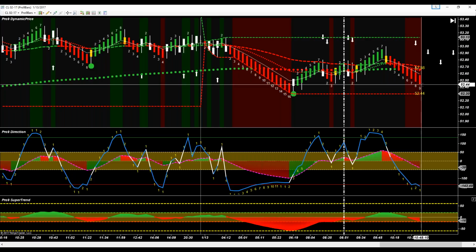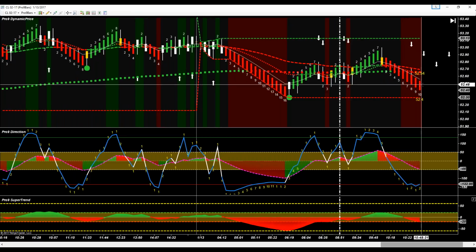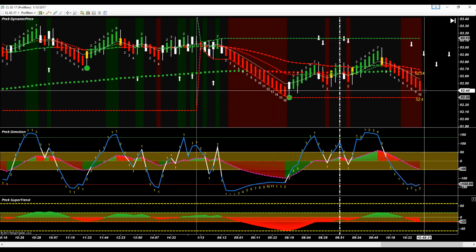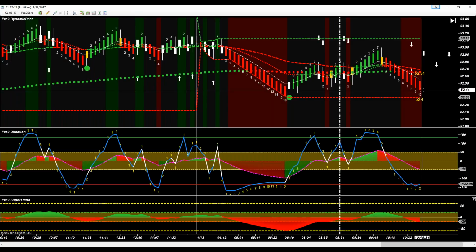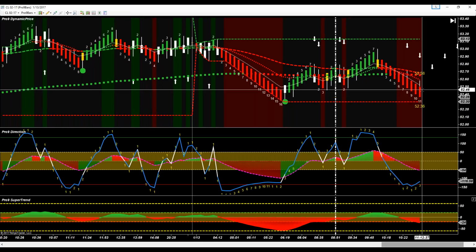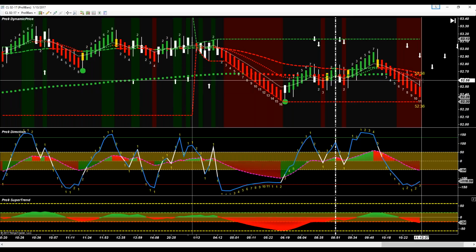After the first color bar plots, we're more than halfway to our profit target. And this one does hit profit target. We would sell our 2 contracts for 6 ticks each and adjust the stop on our runner to break even. And then we get this wick here, which stops out our runner.